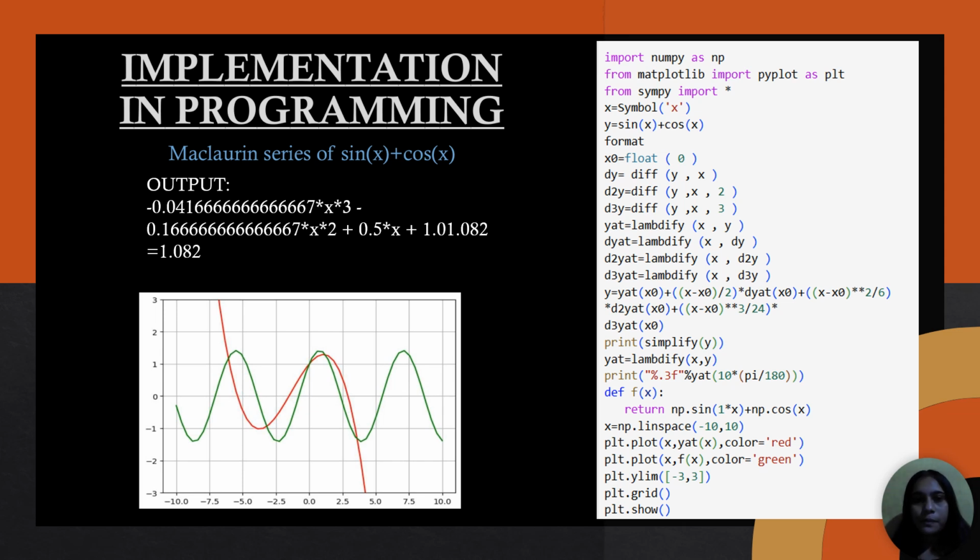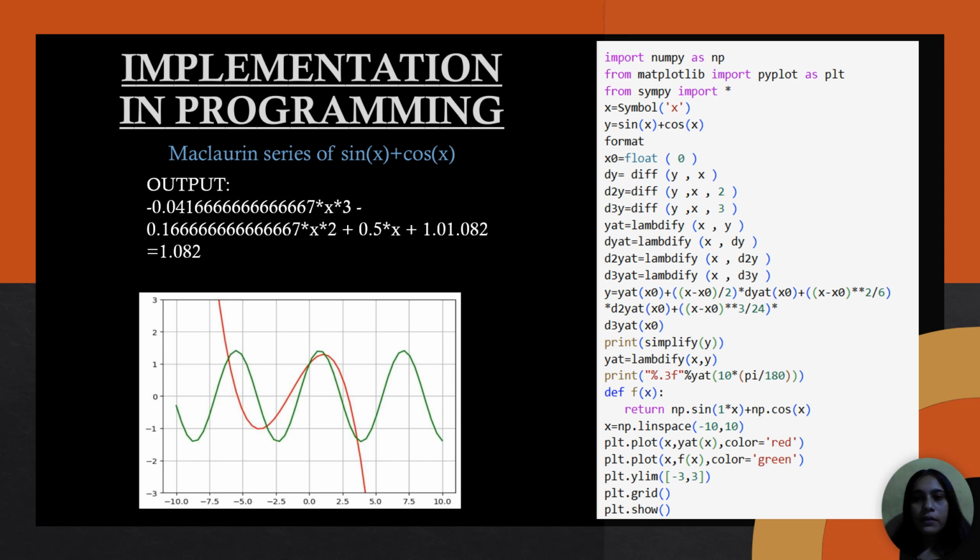Then here we have used plot, which will do the plotting of the graph, and the graph is plotted in the range of -10 to 10, and then we have used the grid for a clear graph presentation.